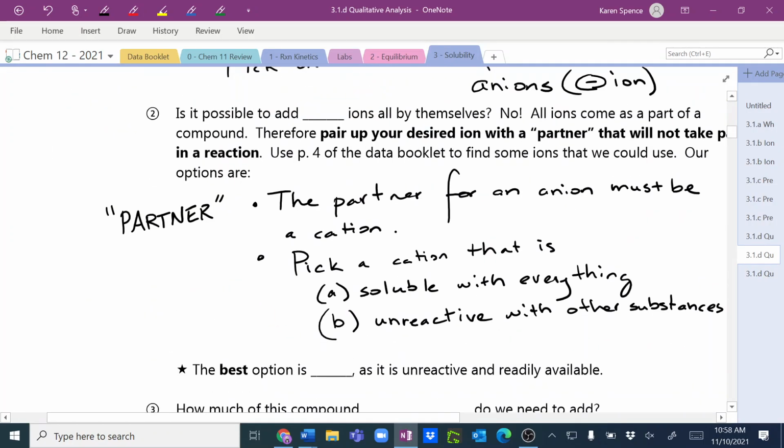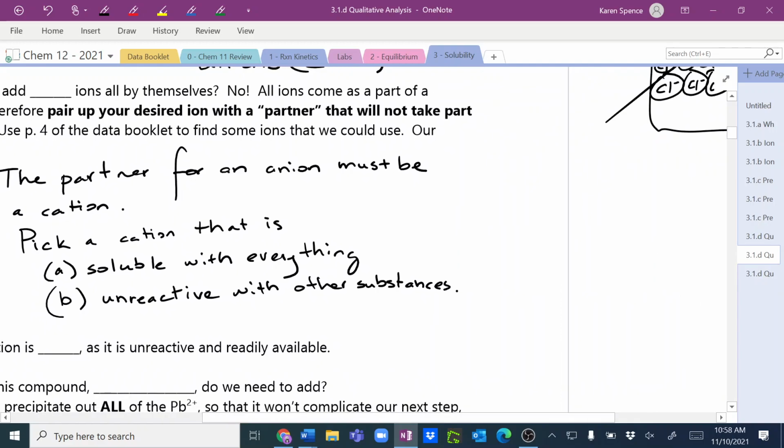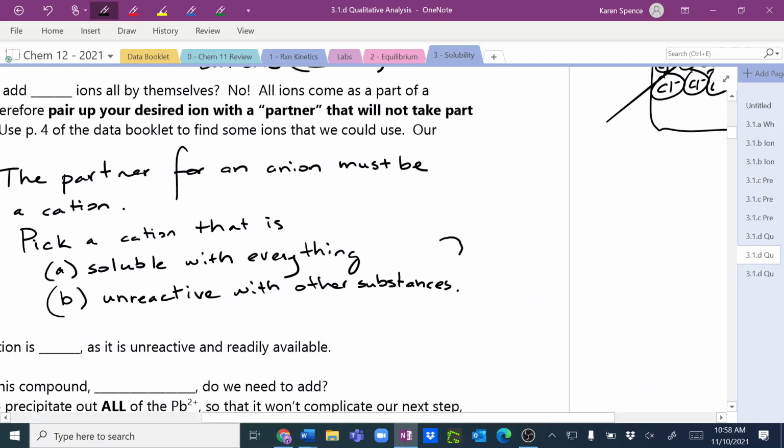So we're going to pick something that's soluble with everything, unreactive with other substances. So that's going to be an alkali ion. Not NH4 or H, because they are acids.